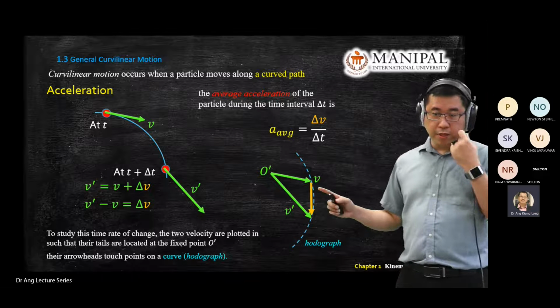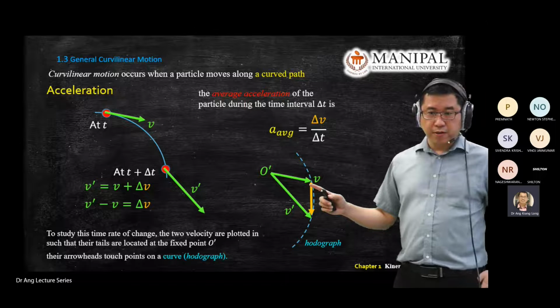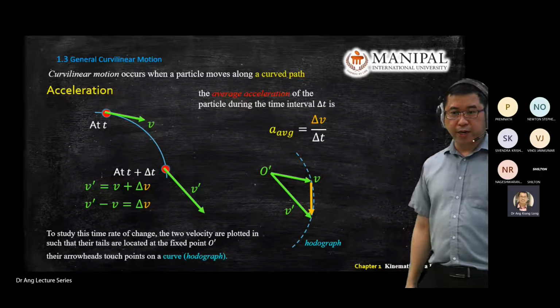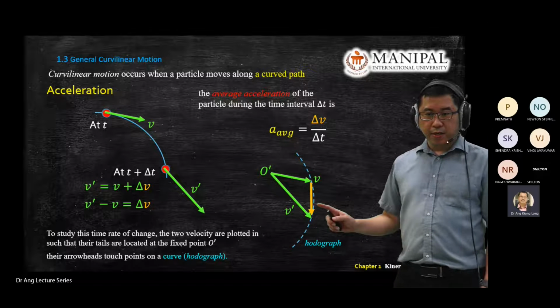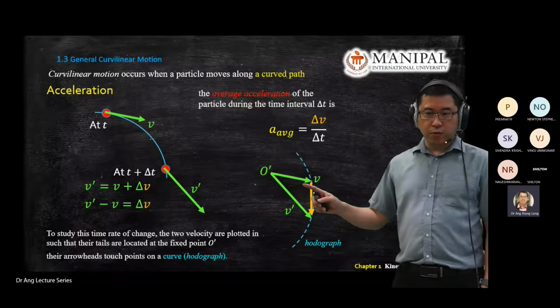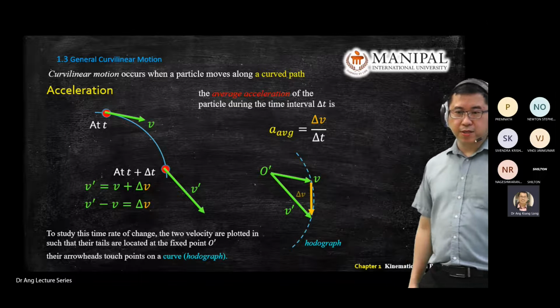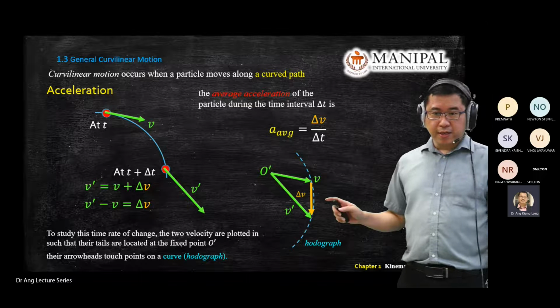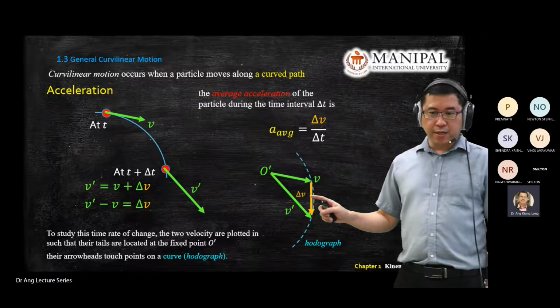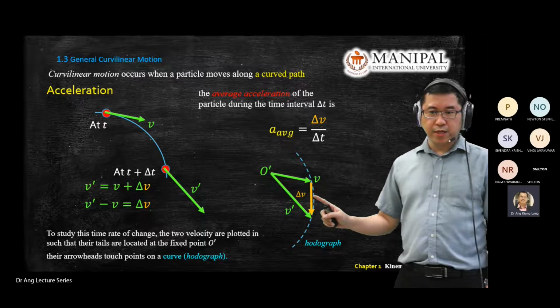And just now I mentioned you can draw a vector from here to here. It's for vector analysis. Yellow arrow, just to know that this one join this one to complete the vector analysis. We can know that this yellow arrow is delta V, the change of velocity from here to here.